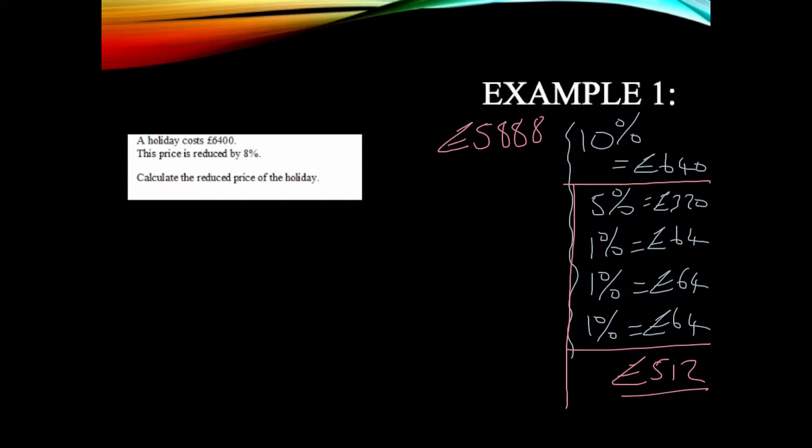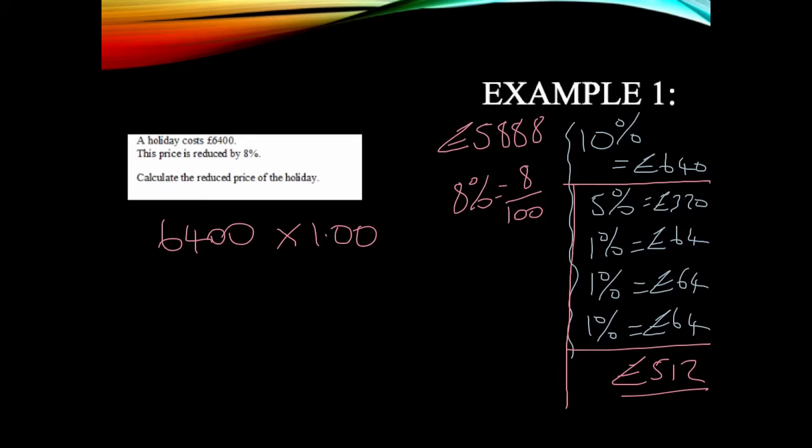And this time I'm going to use something called a multiplier. Now, if I was multiplying 6,400 by 1.00, I'm going to end up with 6,400. Okay, fair enough. Now, I want to reduce by 8%. Now, 8% is the same as 8 hundredths. So I want to reduce by 8 hundredths.